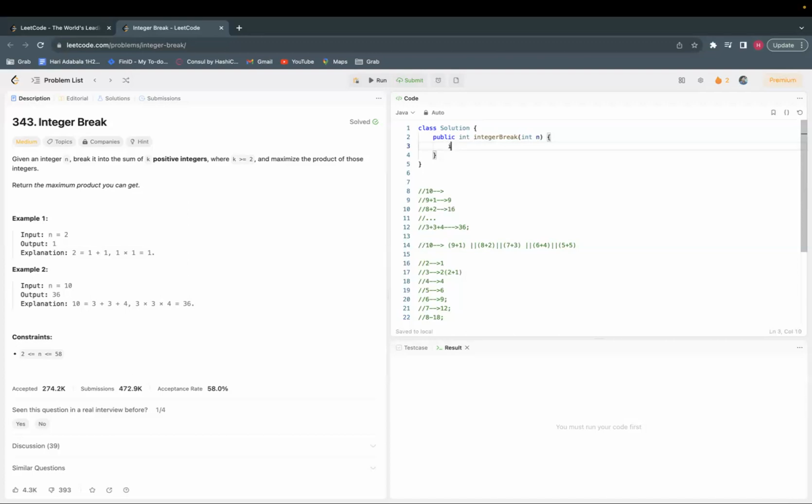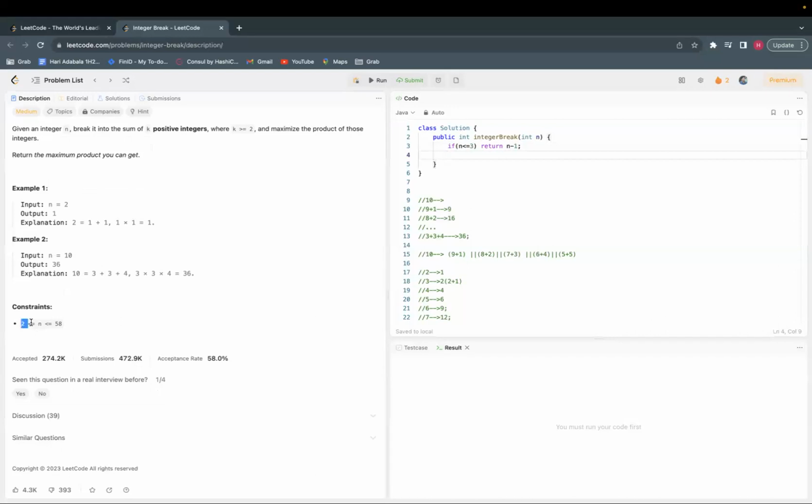As I mentioned, for the base case, if n is less than or equal to 3, then we can return n minus 1. The number will start from 2, so we don't need to handle the case where n is 1 or 0.